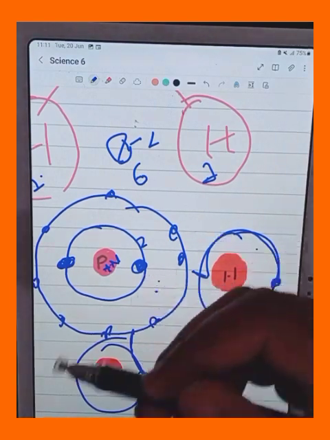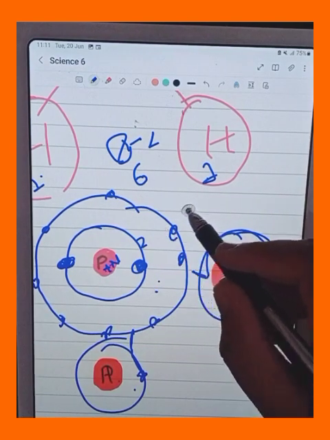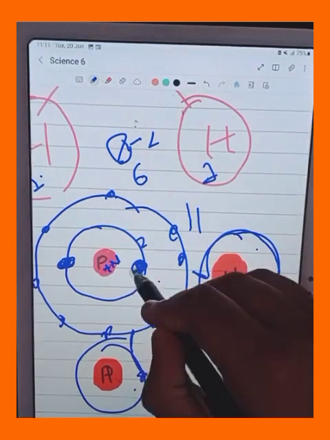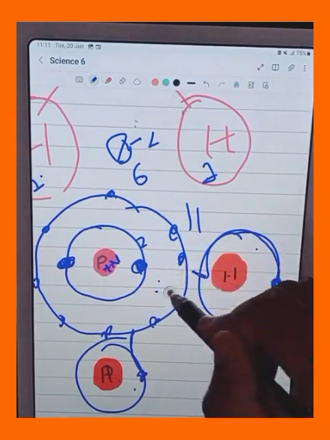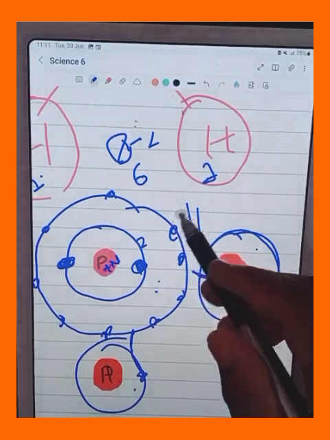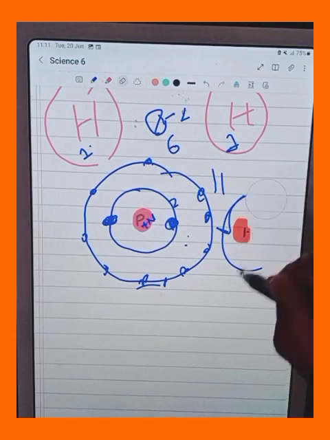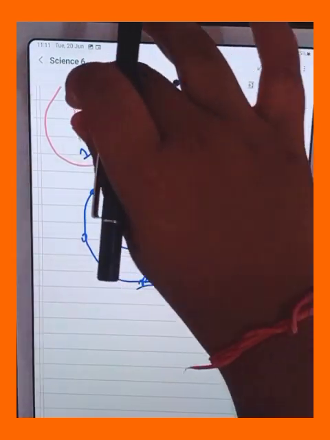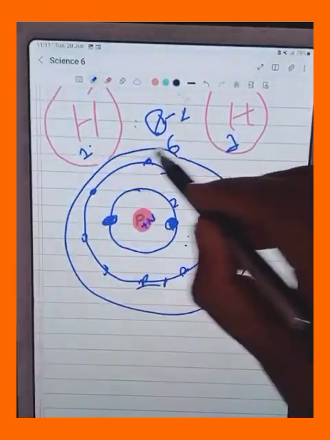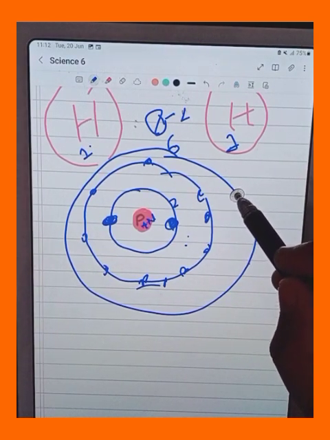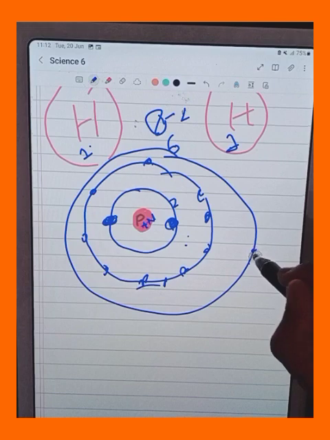So if oxygen had, for example, let's say 11 electrons, the first stage is completed, the second stage is completed, and a third stage would be there, in which there are about 16.